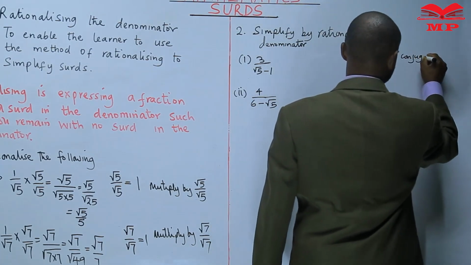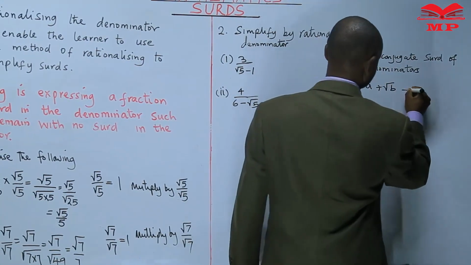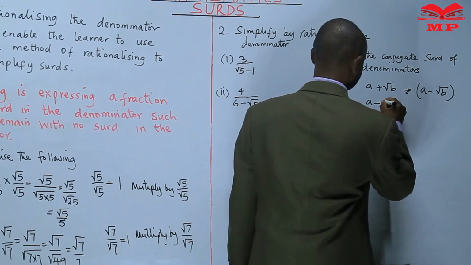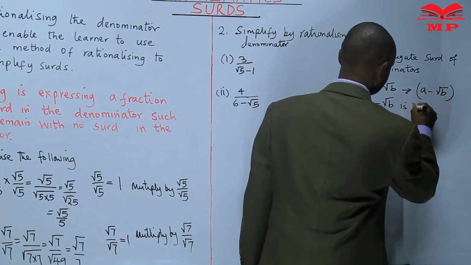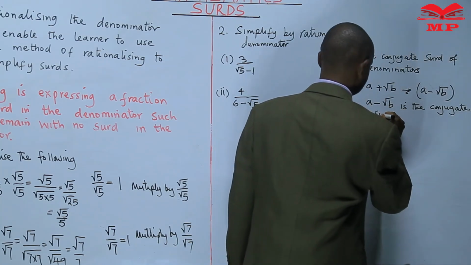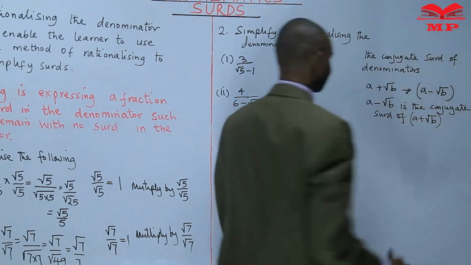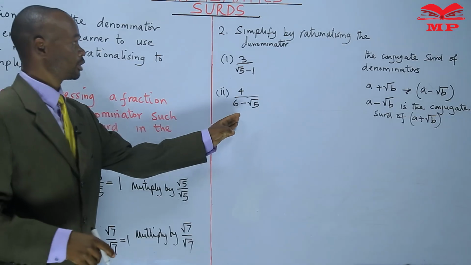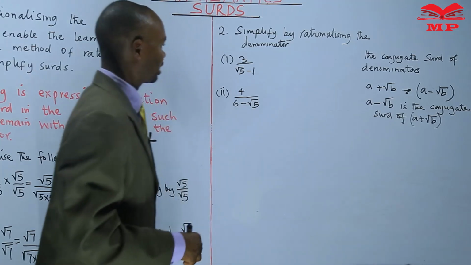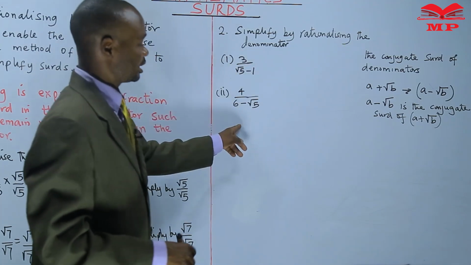So you realize A minus square root of B is the conjugate surd of A plus square root of B. In this case, when you rationalize using that, you multiply the denominator and numerator by the conjugate surd of the denominator.